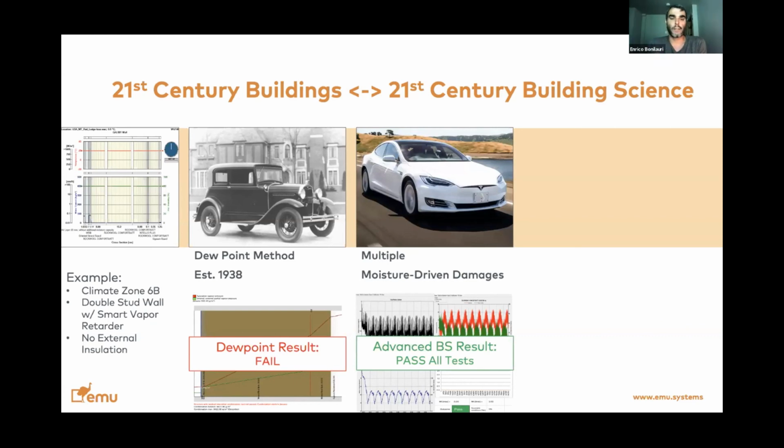And you look at different metrics, including total water content. You do look at the relative humidity inside the insulation and see if you have condensation inside there. But it is only one of the many moisture-driven damages that your building assembly is exposed to.